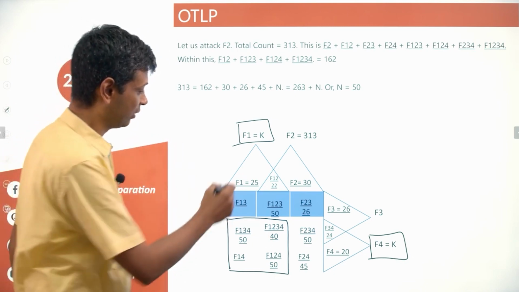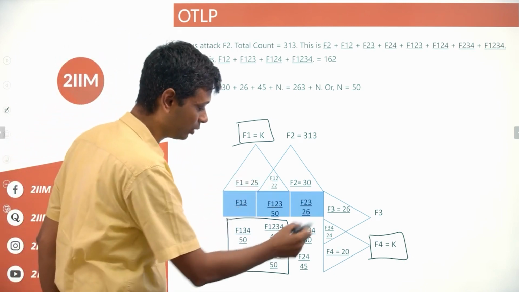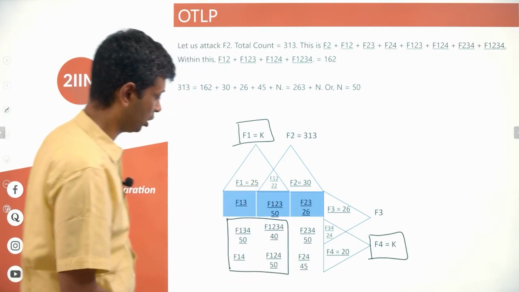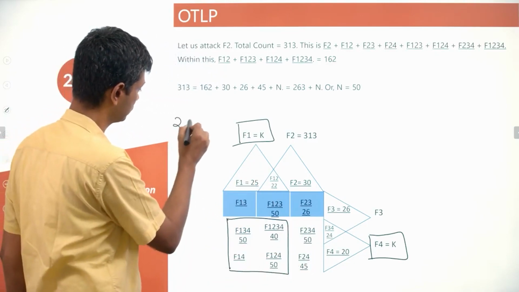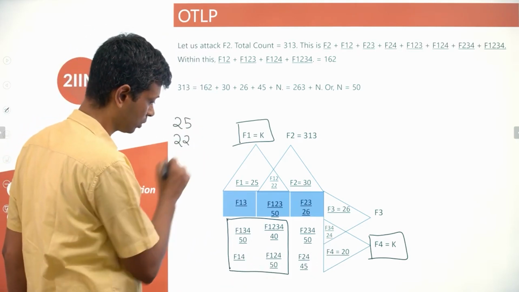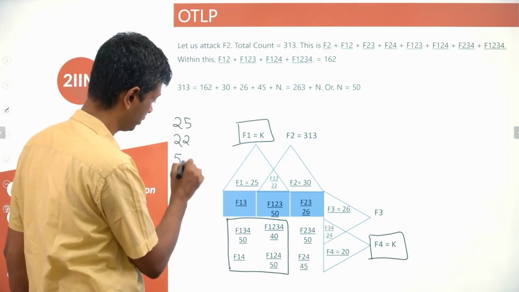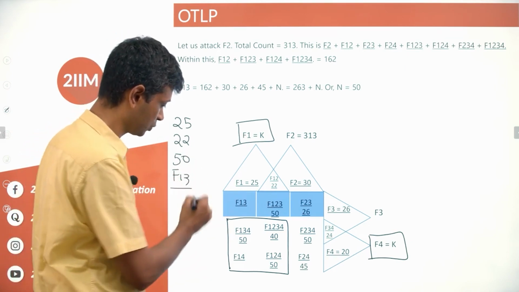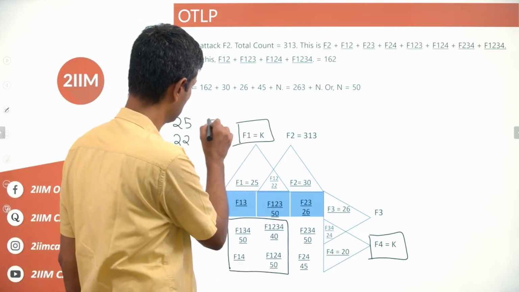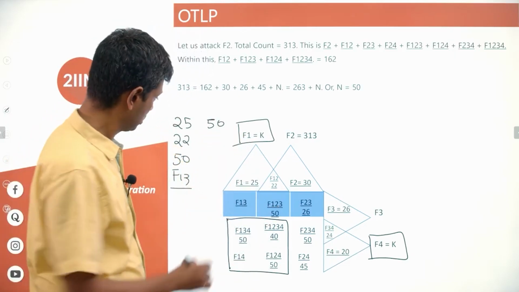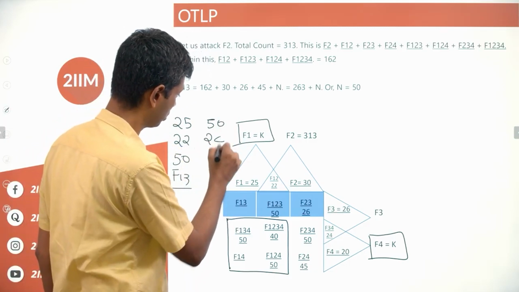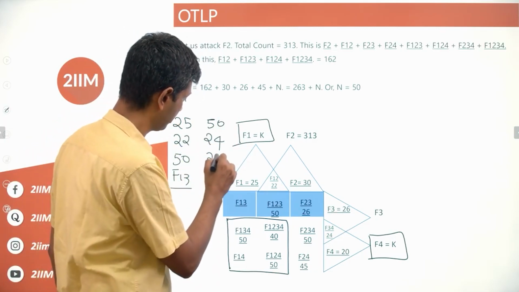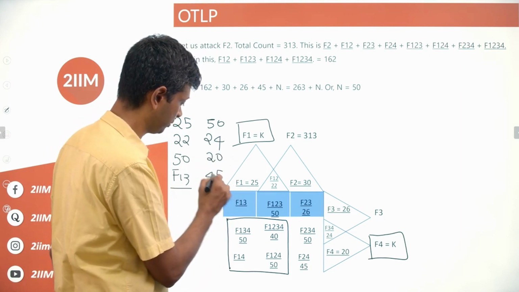That we can keep aside. We can add these four and equate it to these four. So add these four, equate it to these four, or 25 plus 22 plus 50 plus F13, which is this number, should be equal to 50 plus 24 plus 20 plus 45.